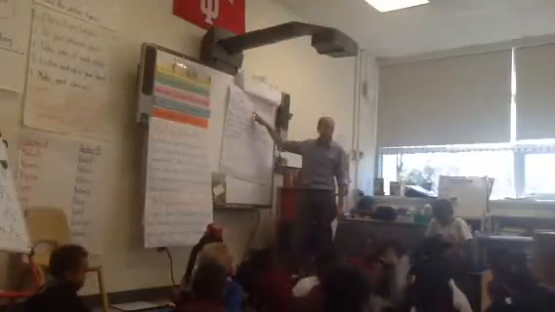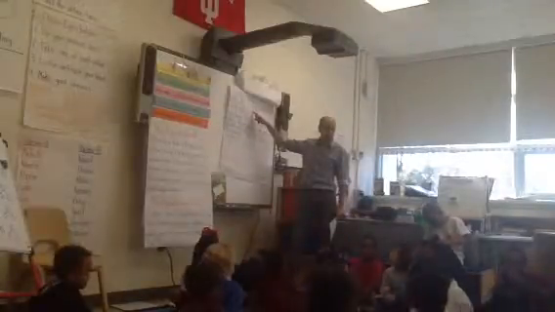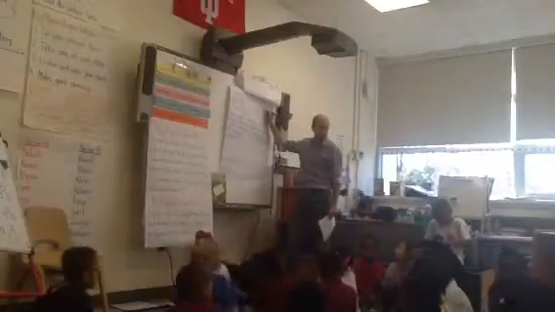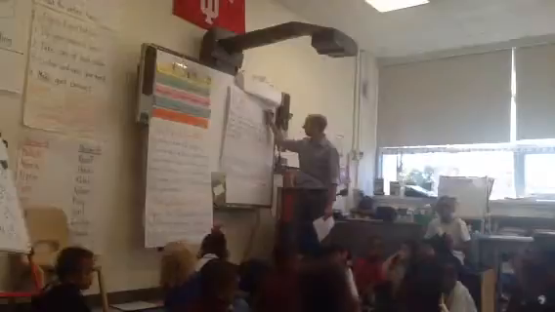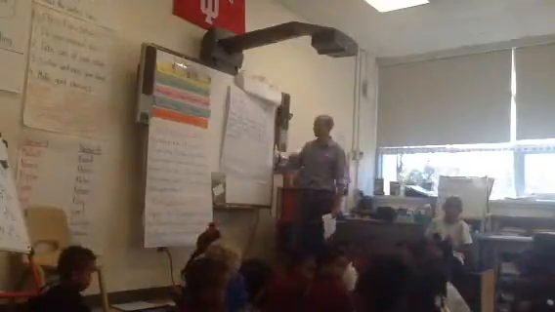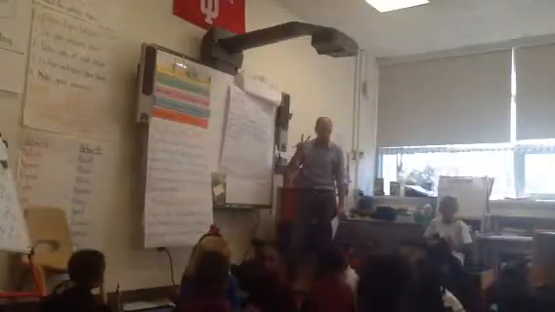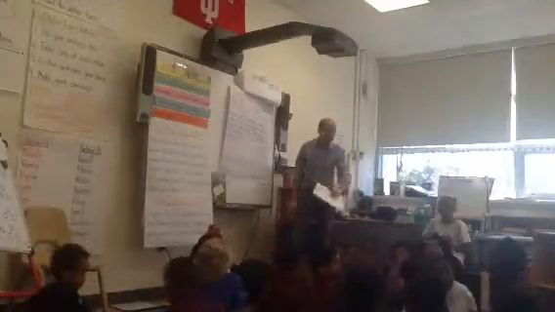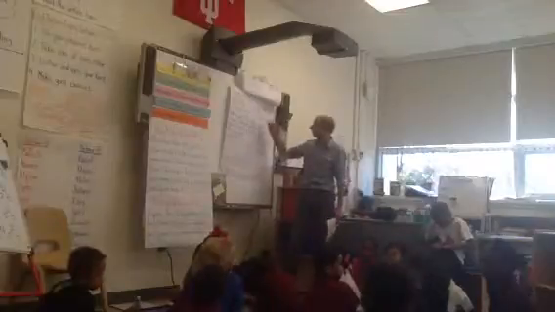So now, for number 23, I'm going to write 23 in the number bond. Oh, 23. So I know that in 23, there are 2 ten bundles, okay?